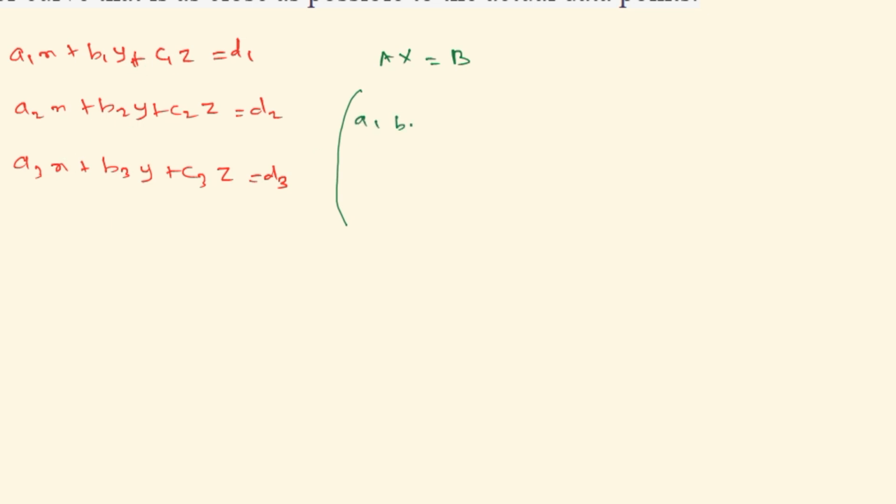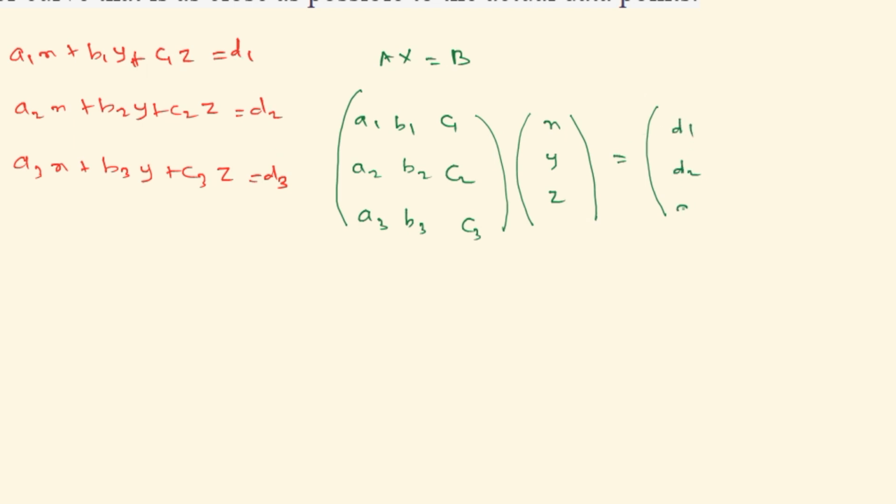The unknown variables are x, y, z. The constant matrix has the elements without variables: d1, d2, d3. So this is the required matrix form of the system of equations.